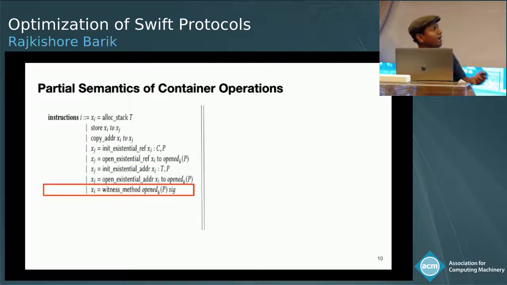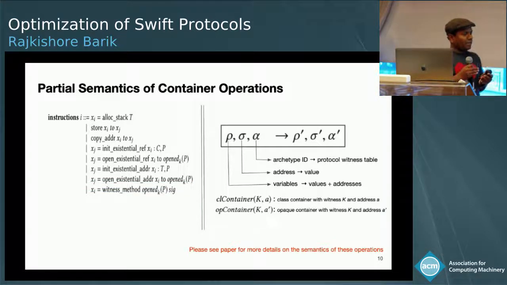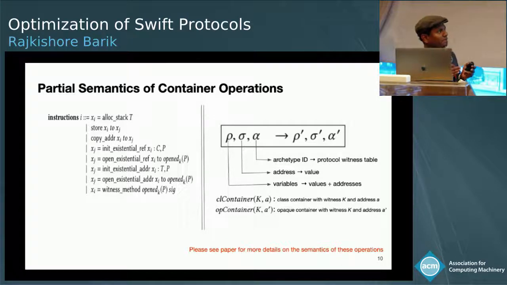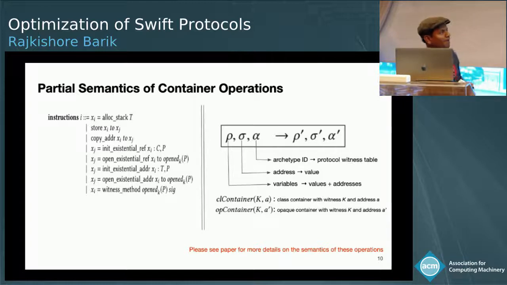To provide the semantics of it, we maintain a state consisting of three maps. If you start from the bottom right, the variables-to-value-address map is the rho mapping. If you look at alloc stack, it maps from the variable xi equal to alloc stack t on the left hand side there, and you keep a mapping from xi to the memory that is allocated by alloc stack.